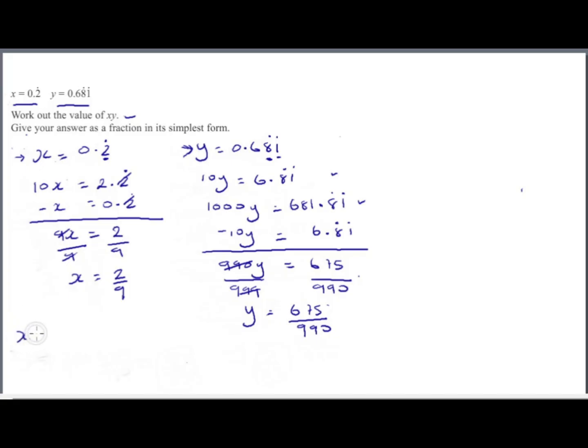So xy is going to be equal to 2/9 times y, which is 675 over 990. All right, and we can go ahead and work that out.